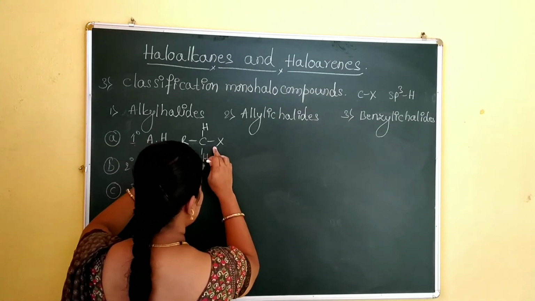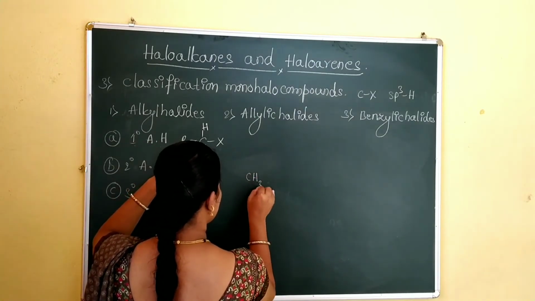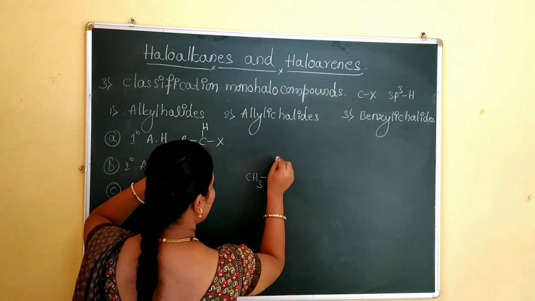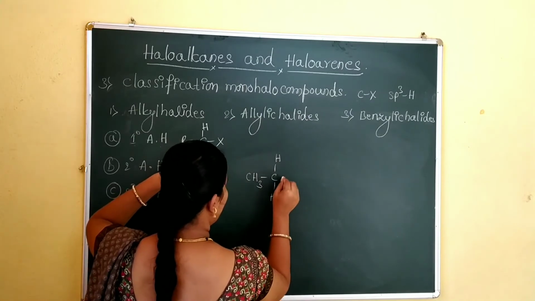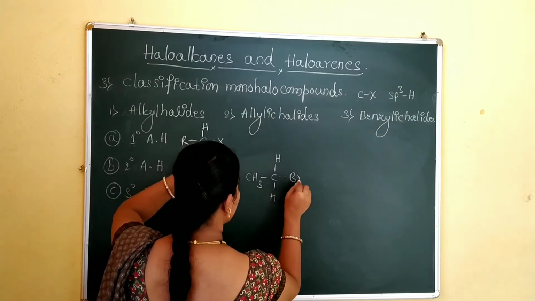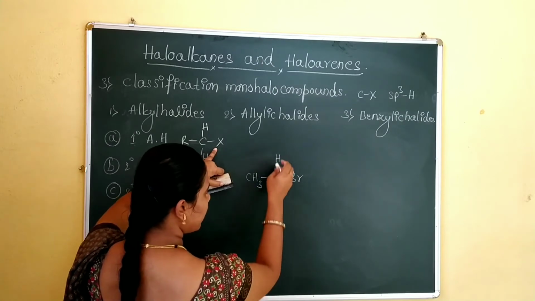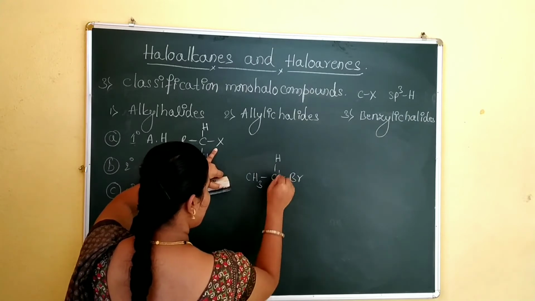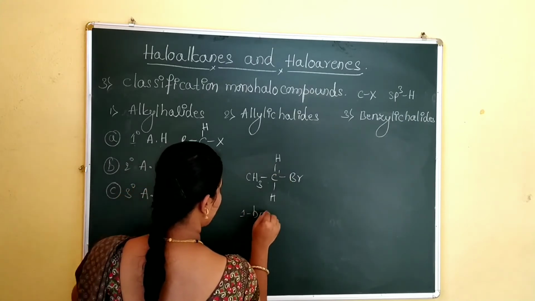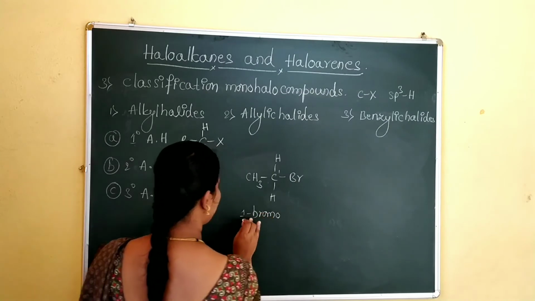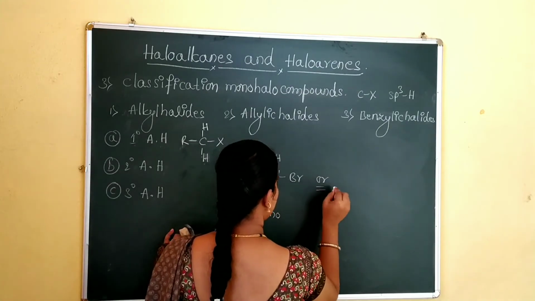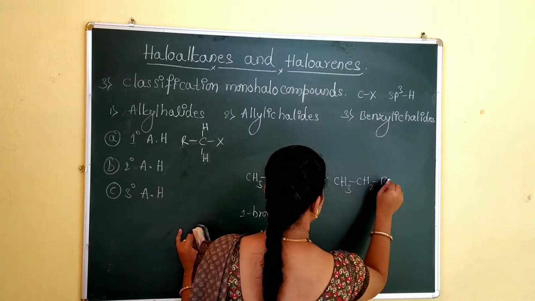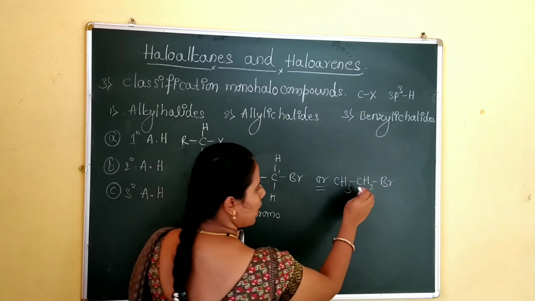I will take one example for this. CH3 is an alkyl group, the R group, then H, H, and the halogen atom is bromine. Then it becomes CH3CH2Br, which is 1-bromo.